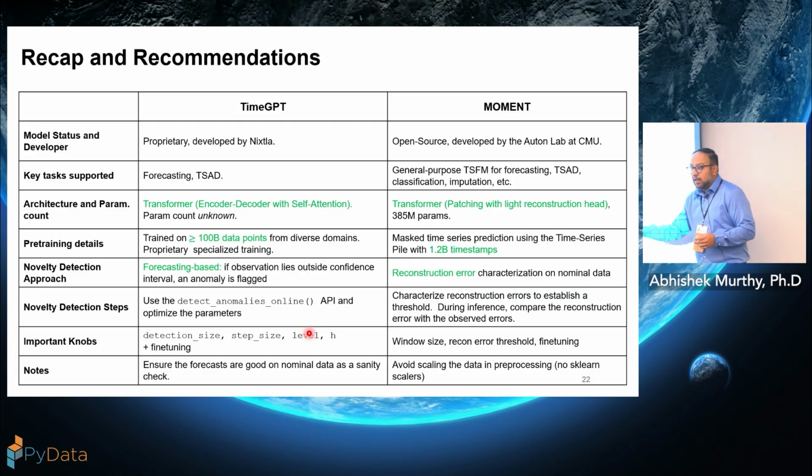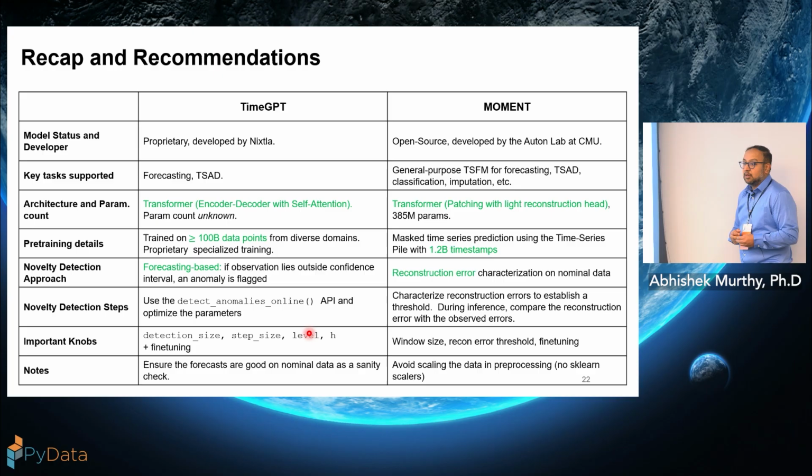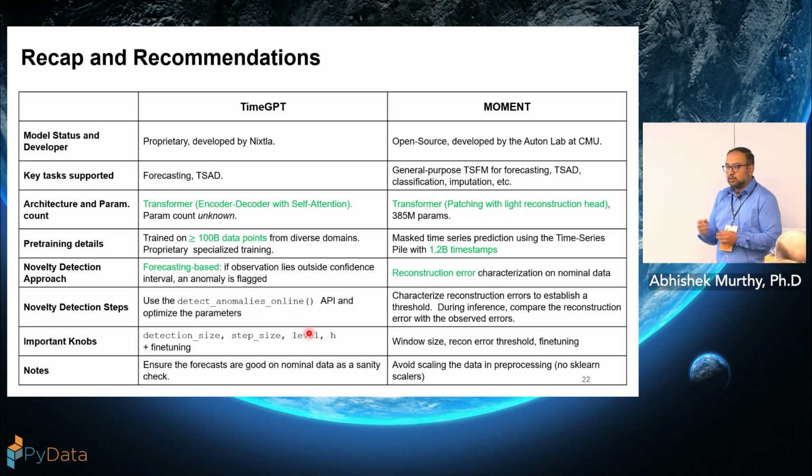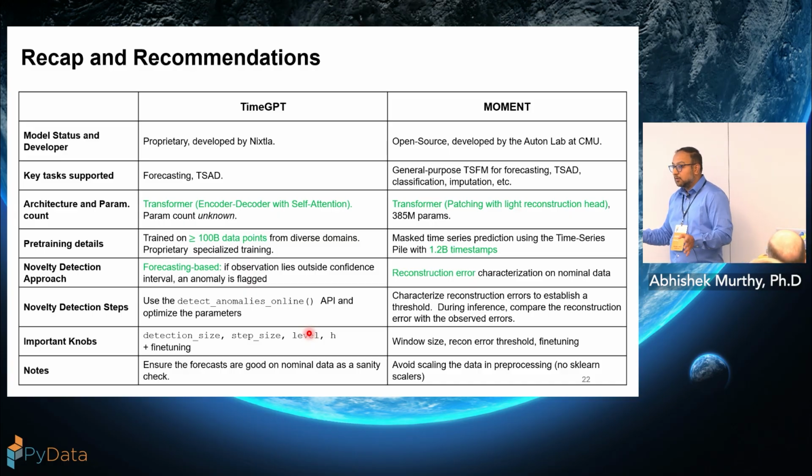You can bring down the error thresholds that will make your algorithm more trigger happy if you're expecting more anomalies in certain time periods, or you can make it more conservative. So it's not completely zero shot. You still have to tune these knobs based on your specific data set.